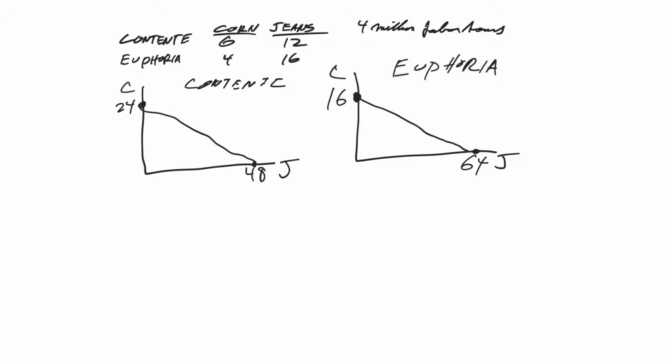Okay, now let's figure out the comparative advantage, and that means we need to look at the opportunity costs. So let's start with jeans. What is the opportunity cost in each country for producing jeans? Well, that means we're going to look at the change in corn divided by the change in jeans. So if you want to go from 0 jeans all the way out to 48 jeans, that's a change in jeans of 48.